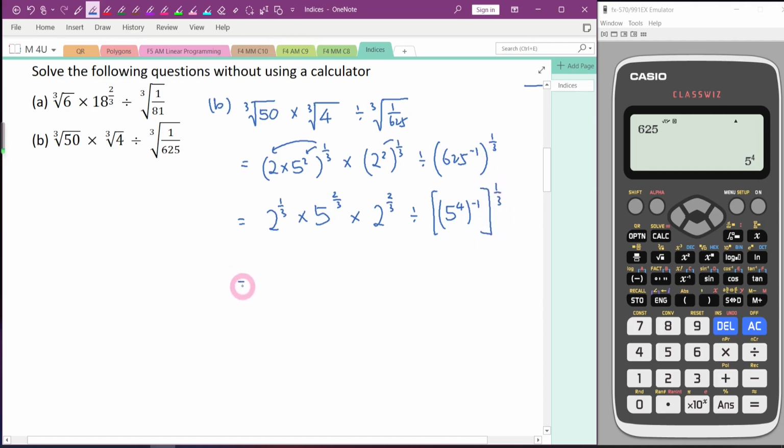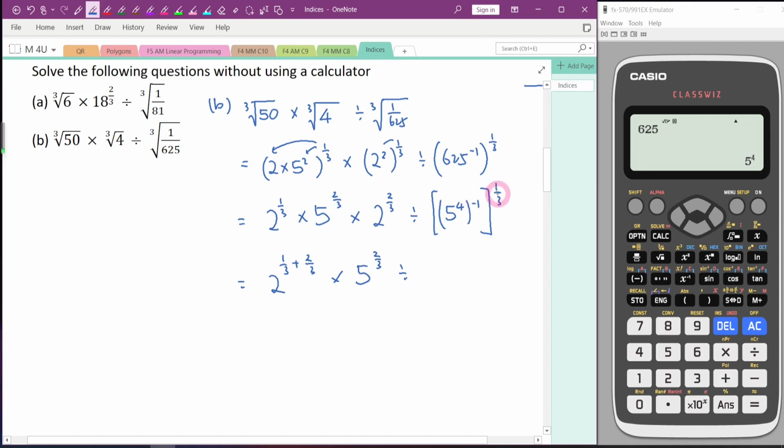Okay, now 1 over 3 plus 2 over 3, because we multiply here. This one, let me copy first. Divided by, this is 5. 4 times negative 1, you will get negative 4.